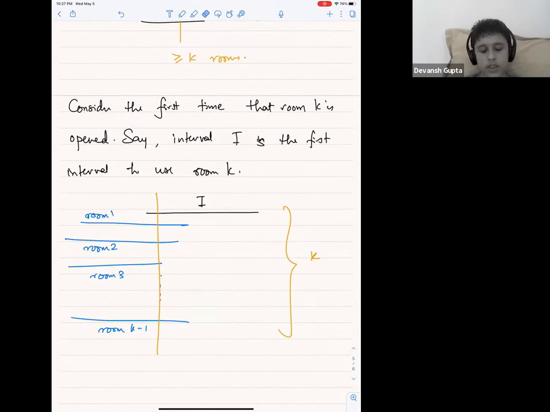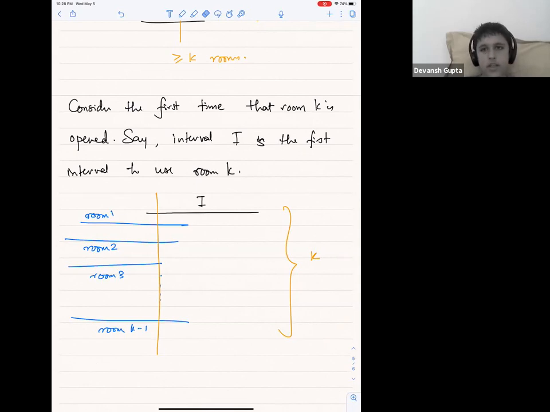So I'm not sure if what I'm saying is the same as yours, but what I thought was, let's say we are going to use K rooms. Then at some point in the interval chart, there need to be K overlapping lines. However, but you need to argue that. Yeah.